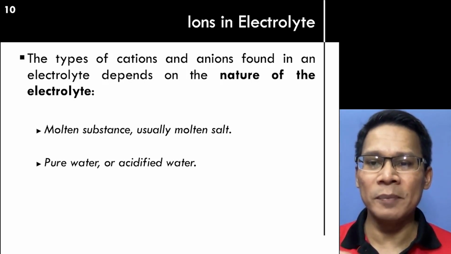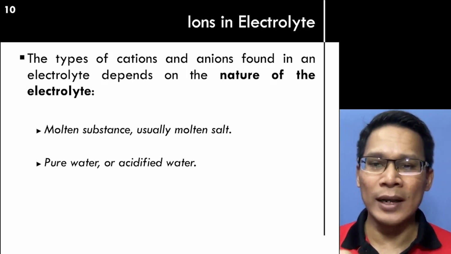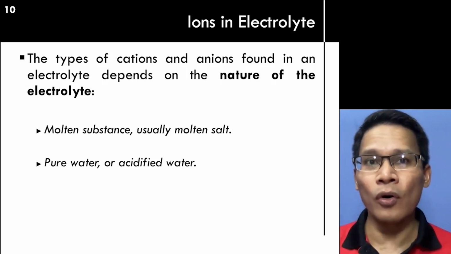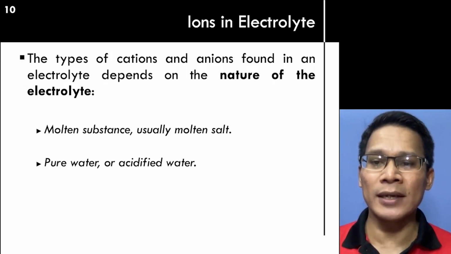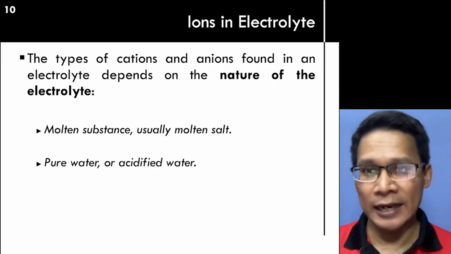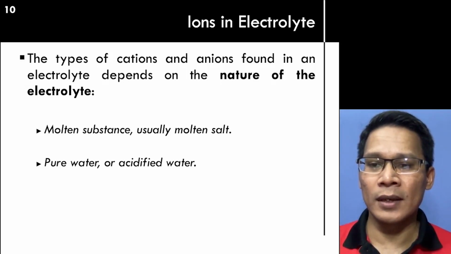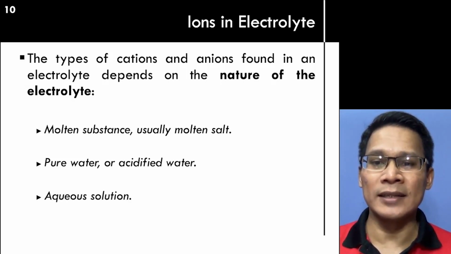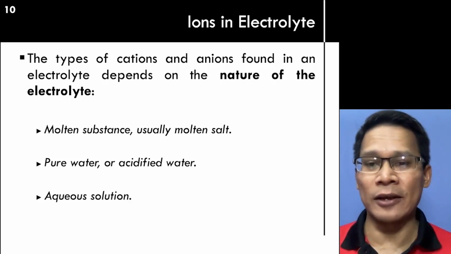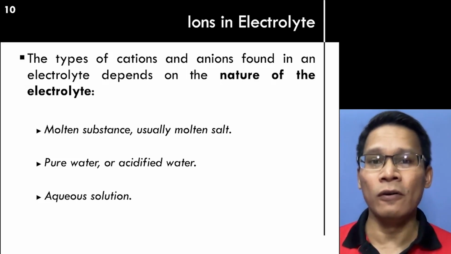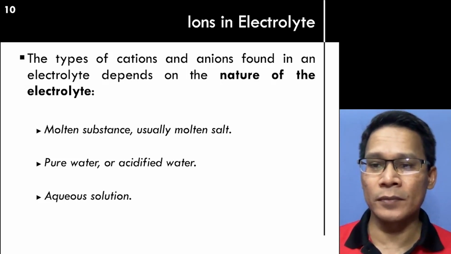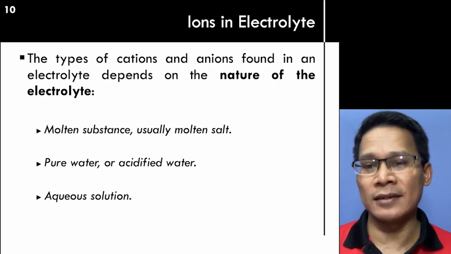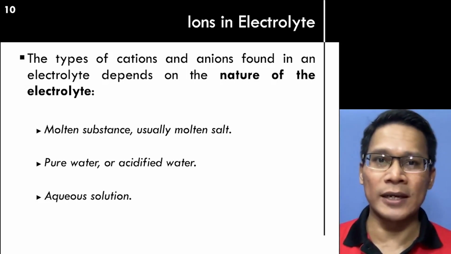Usually, a little bit of acid is added to allow water to dissociate more and produce hydrogen cations and hydroxide anions. Aqueous solutions contain hydrogen and hydroxide ions from the solvent and cations and anions from the solute. Let us now investigate these three types of electrolytes.